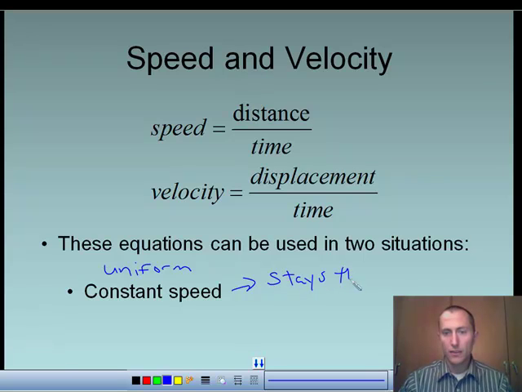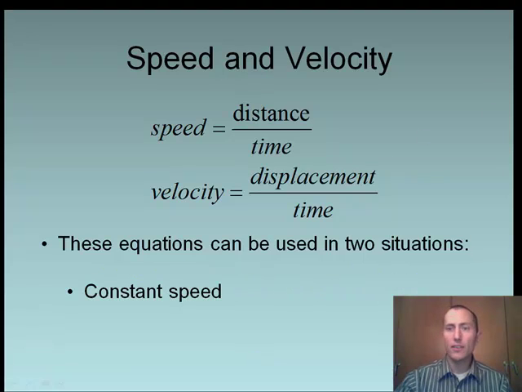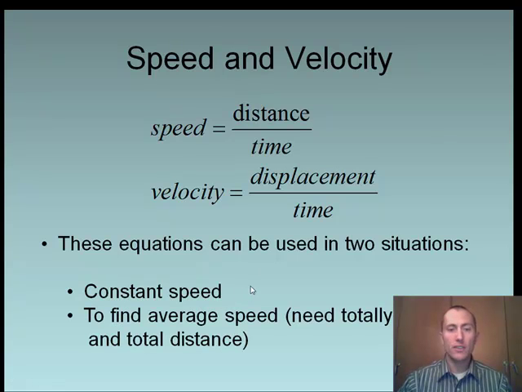Okay, so when the speed stays the same, we can use this. We can also use this if we're talking about the average speed, so the average speed over a long period of time. We're going to compare this to what we call the instantaneous speed, but if we're just looking for the average speed over the course of a trip, we can use total distance over total time, or total displacement over total time if we're trying to find the average velocity.